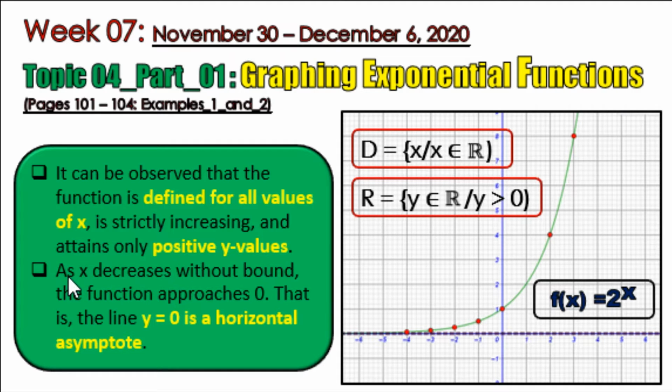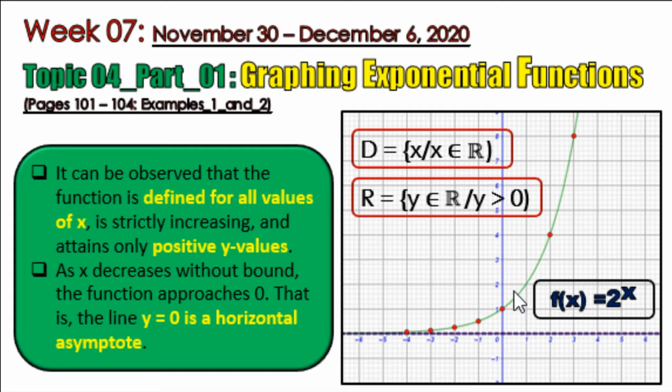As x decreases without bound, the function approaches 0. So as x decreases, for example from 3 to 2 to 1, or from negative 2 to negative 3, the value of y approaches 0.